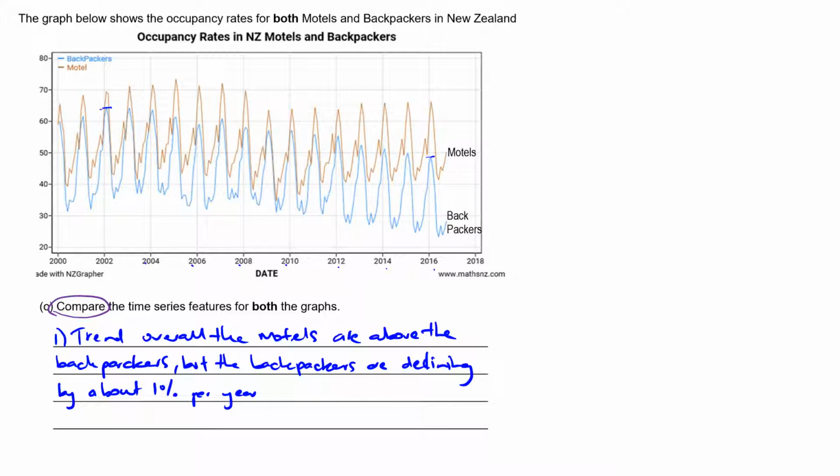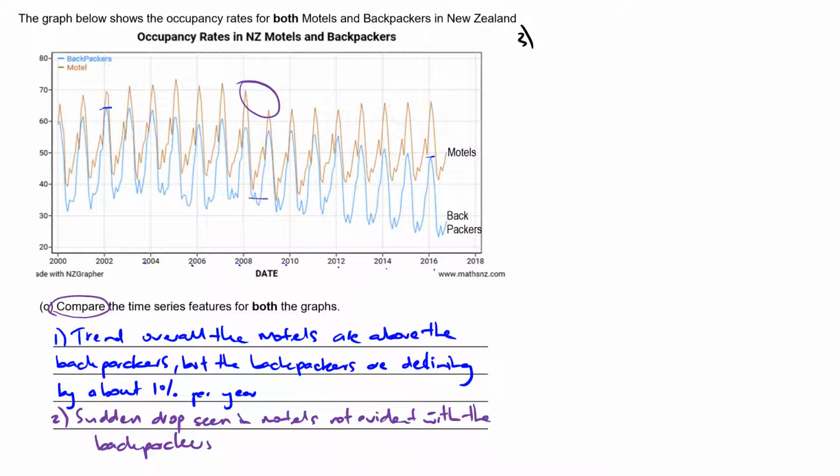Another thing you can see there is the motels, obviously there's that sudden drop. Not really a sudden drop in the backpackers, so that's a difference. So the sudden drop seen in motels, not evident with the backpackers. So that's 2 things you could mention. Third thing you could mention was, well, another comparison is there are the same regular patterns.